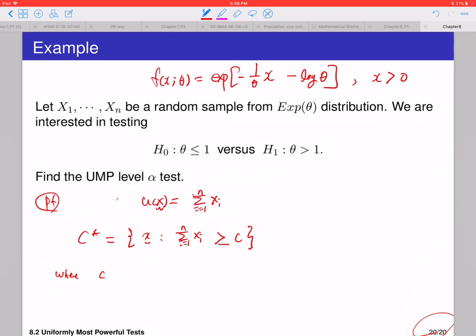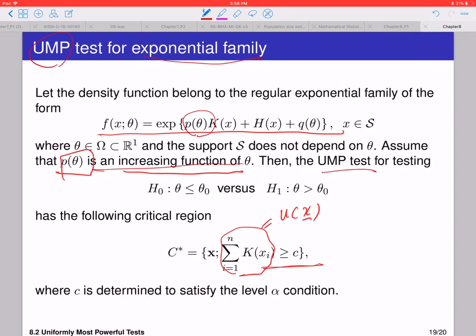c is determined. In this case, actually, this one is monotone. So this one is decreasing, right? I mean the likelihood ratio L(theta 1), because I just use this one.